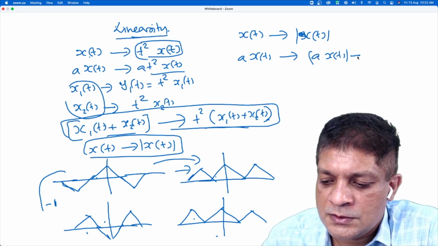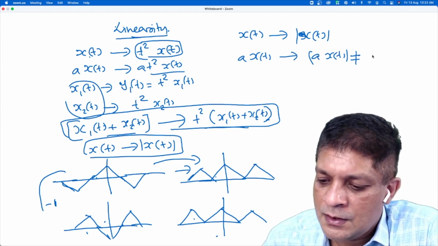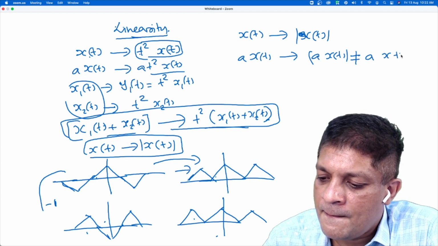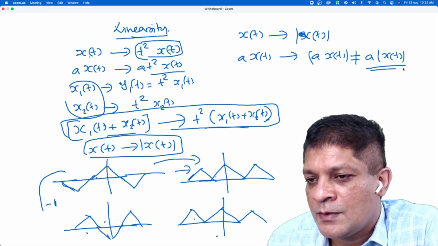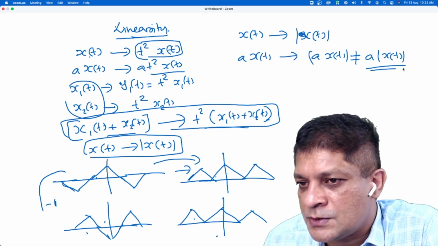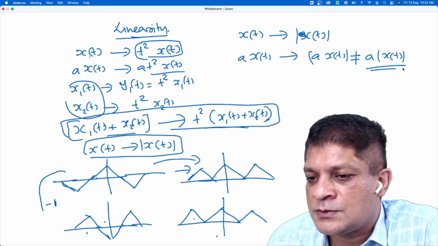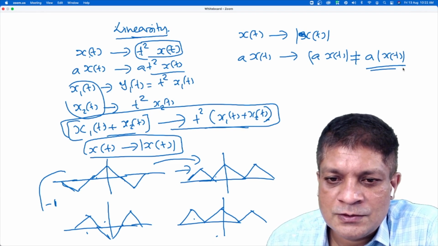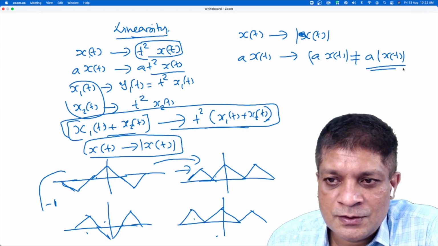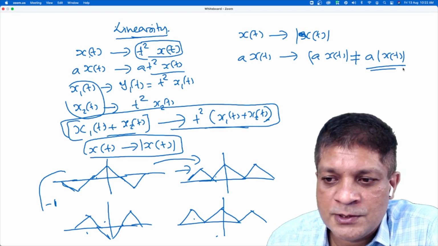This is not the same as a times mod x(t), isn't it? For some values, it is the same. If a is a positive valued constant, this is the same. Otherwise, it is not the same. So the system is not a homogeneous system.